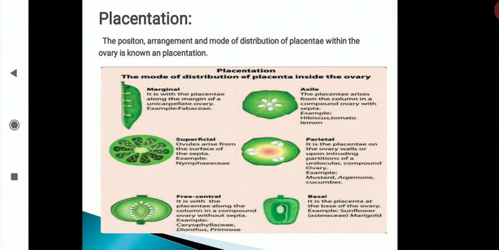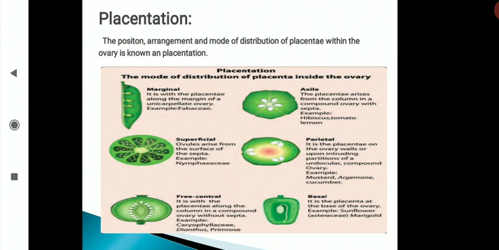The next type of placentation is parietal placentation. Here the ovary is unilocular, the gynoecium is polycarpellary syncarpous and the placenta bears ovules along the ventral suture of the inner wall of the ovary. That is, they are peripheral or parietal in position.